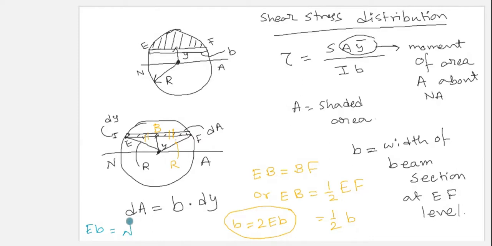Yes. That means B will be 2 into this part. So now we can replace this B with respect to R and Y, and then eventually we can find out this dA part. So let me go to the next part.